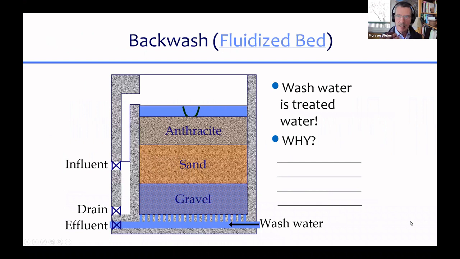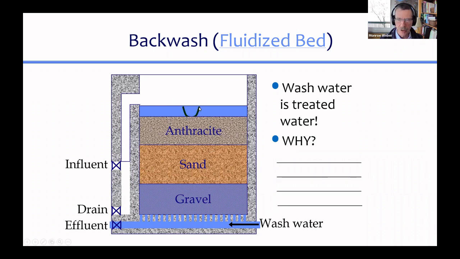So here's the same cross-section of the filter, and this time I've changed the valves, and there's wash water, which is clean filtered water, that's coming in from the other side of the filter. And now there's this trough that you probably saw before and you wondered what it was.